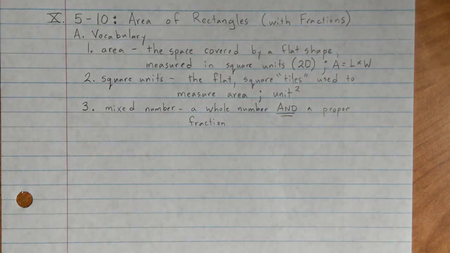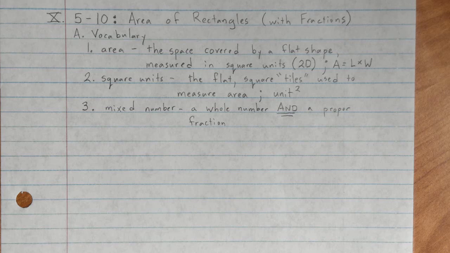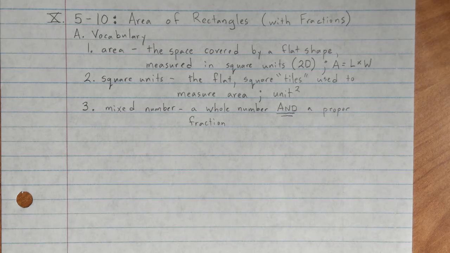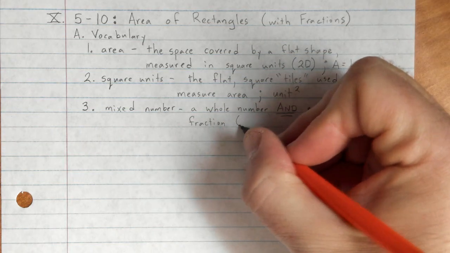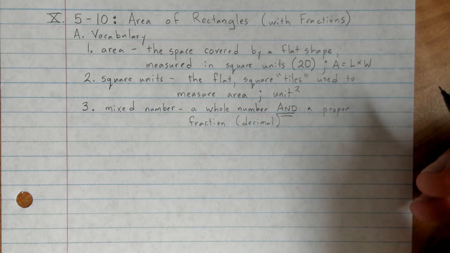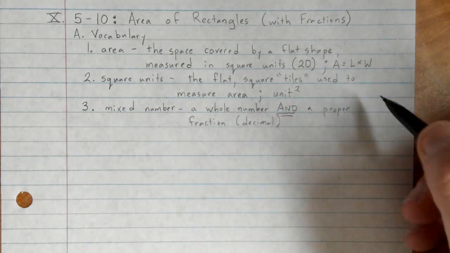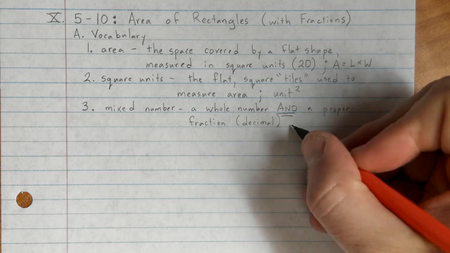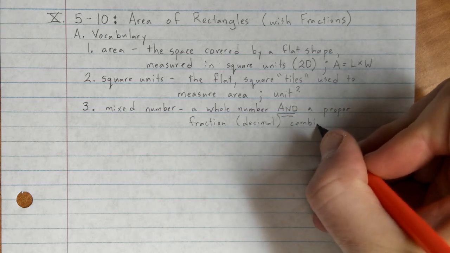Now, I say proper fraction, but again, please be careful. Just because it says proper fraction, you will sometimes see decimals here as well. Okay? Decimal here as well. A whole number and a proper fraction, a decimal combined.